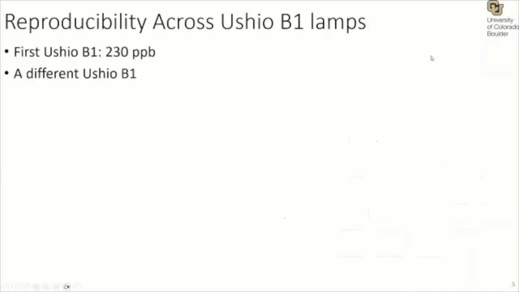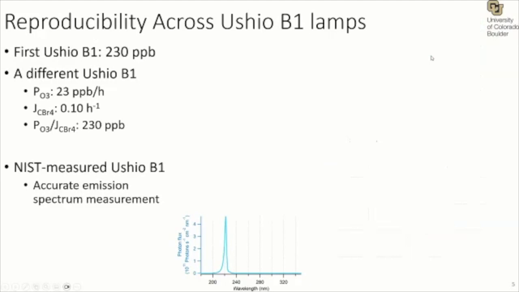We have another device with Wuxio B1. Its ozone production rate is slightly higher, and CBr4 photolysis rate also slightly higher. And its ratio between these two is still 230 ppb. And as you know, NIST measured the emission spectrum of a Wuxio B1.